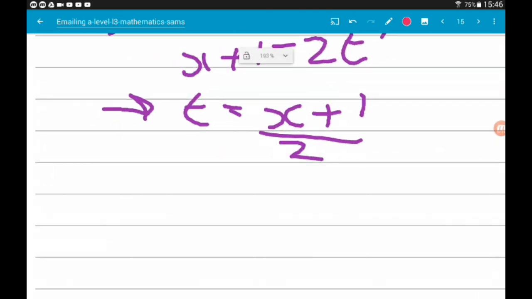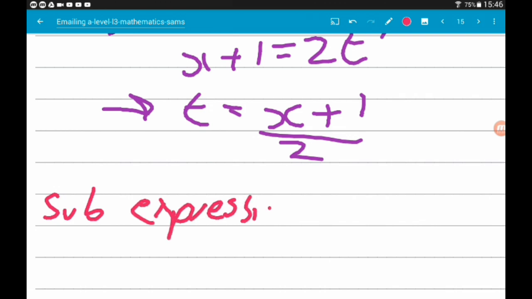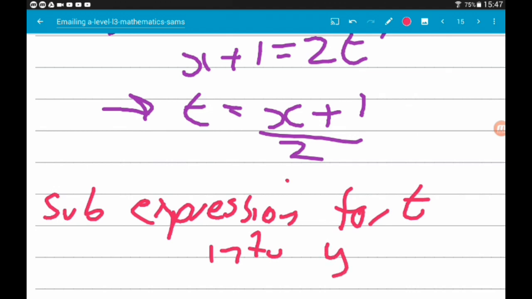So we're going to sub the expression for t into y.